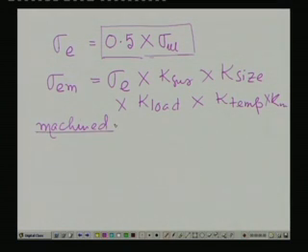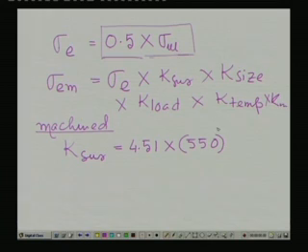If we look, then you will find that K surface is given by the empirical relationship 4.51 into 550, this is the ultimate strength, to the power minus 0.265. Once you calculate this value, it comes out to be something like 0.847.